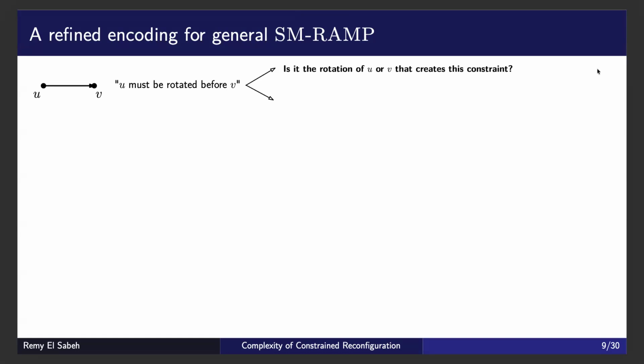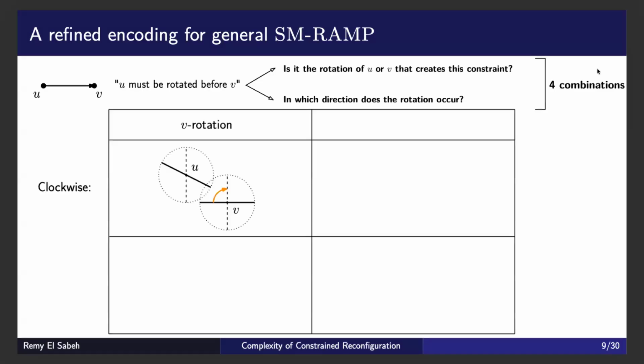So it could be either U or V. And then you also need to make the distinction with regards to the direction in which this rotation that's making this constraint show up is happening. So we end up with, in some sense, 4 different reasons for which this constraint could show up. So that might be a bit confusing. So that should be clarified if we start looking at some examples.